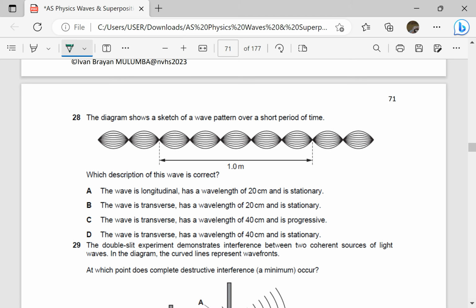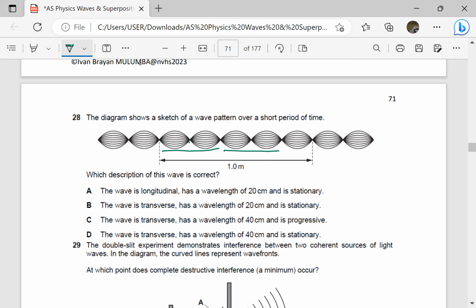The diagram shows a sketch of a wave pattern over a short period of time. Which description of this wave is correct? The wave is longitudinal, has a wavelength of 20 centimeters. Let's check the wavelength. This is one wavelength, two wavelengths and a half.